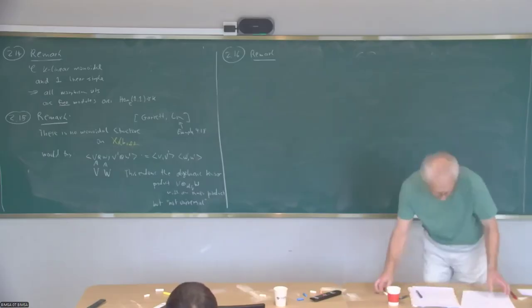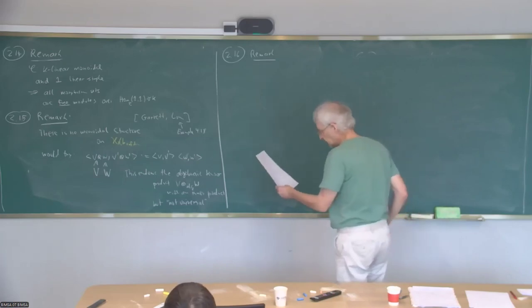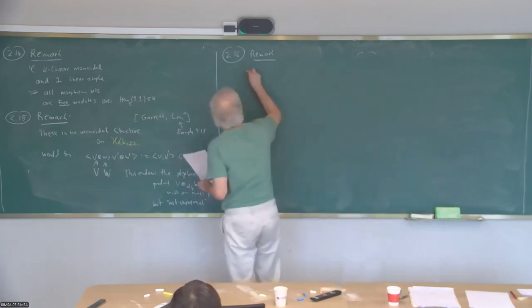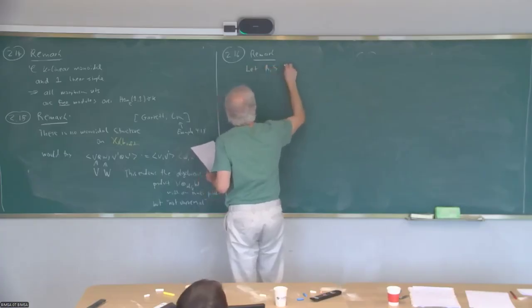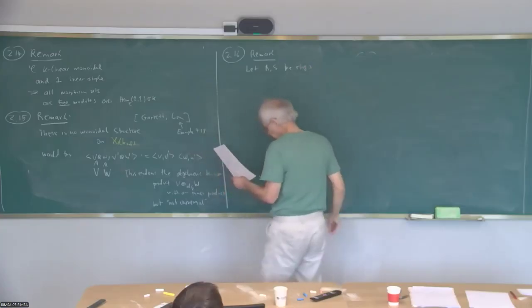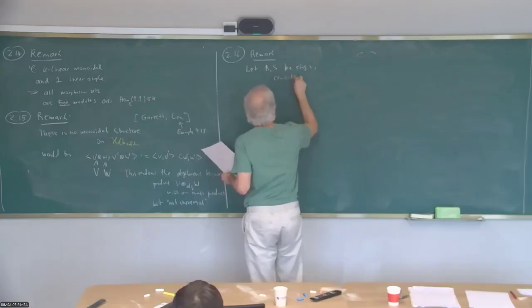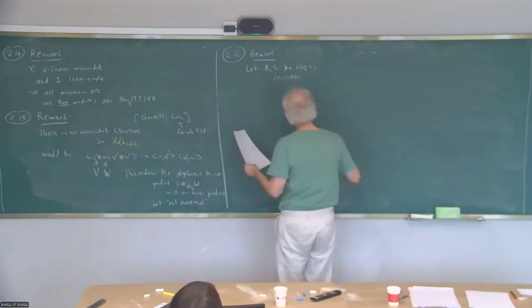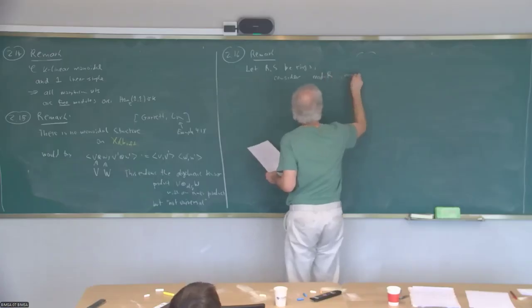And that I want to take up a bit. We start with the situation that we have rings R and S, and we consider the categories of right modules, which we call mod R and mod S.